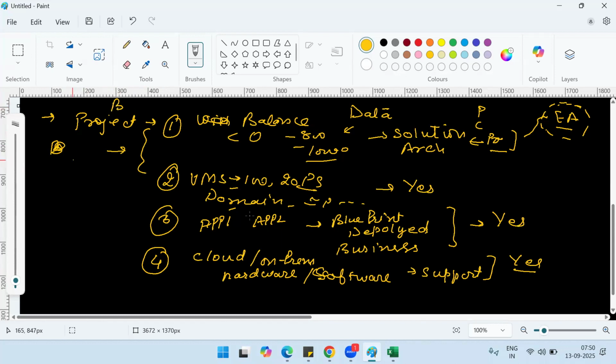Now this one is data architecture, where you are basically talking about the organization, logical and physical data sets, right? Then application blueprints come under the application architecture. Where you decide the cloud-based environment, on-premises environment, etc., that comes under the technology, and we call it BDAT.